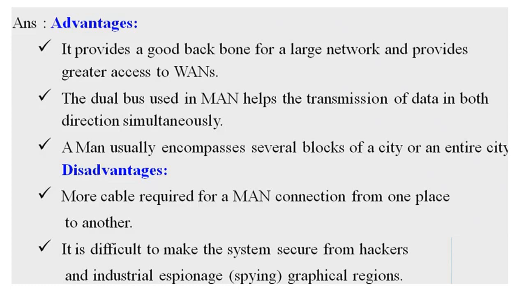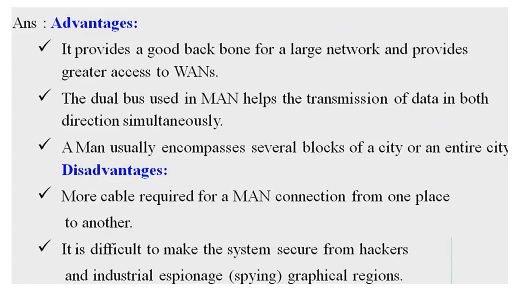What are both directions? Sending and receiving. For example, you can send a chat message to your friend, hi, and he or she has to reply to you, hi, I'm good. So you are sending the data and you are also receiving the data. This is known as dual communication. So for that it is helping.